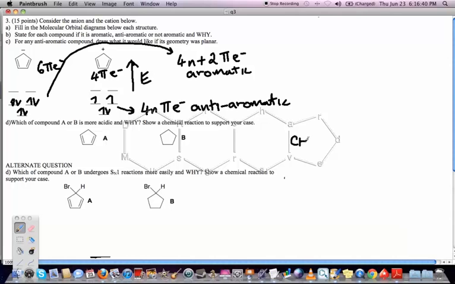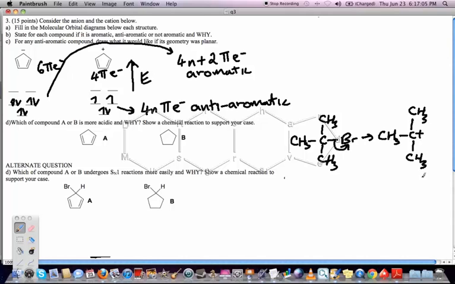Let's say you've got an alkyl halide, and usually it's going to be a tertiary system that we're talking about. And the SN1 has the bromine leaving first, and we form some kind of cation.